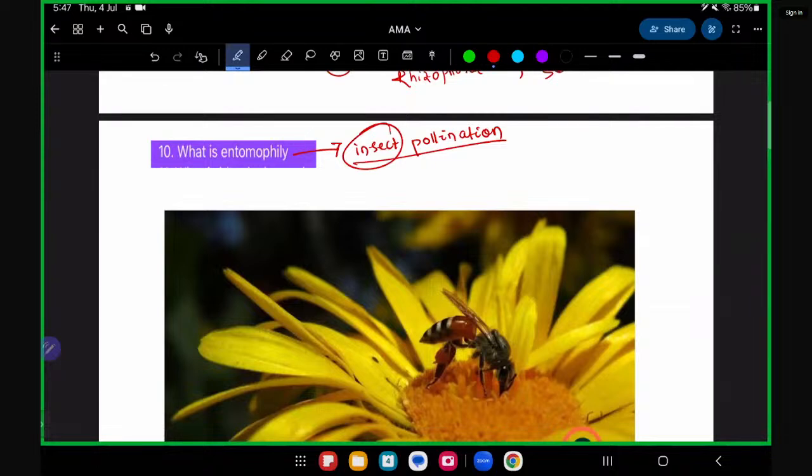So what are the characteristic features of a flower that is pollinated by insects? First feature, they are bright in colors.